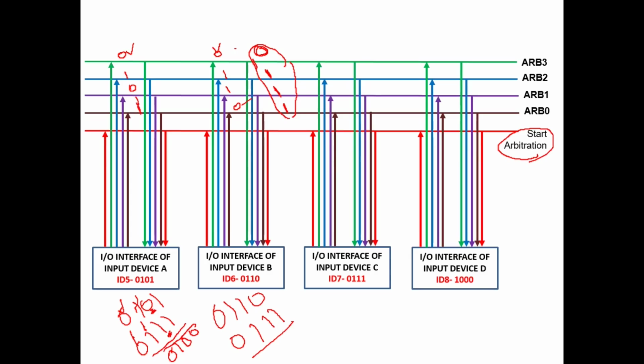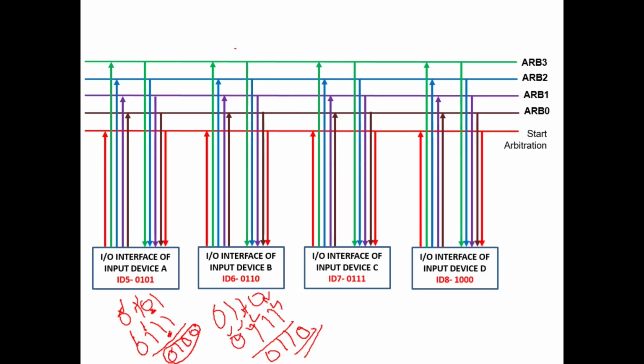So this is the new address of device A. Similarly, device B also compares 0 and 0, 1 and 1, here also 1 and 1. So all these bits are kept as they are, but when it compares the last bit, there is a difference. So it makes that bit 0, and all remaining bits 0, but there are no remaining bits, so this is the final ID.